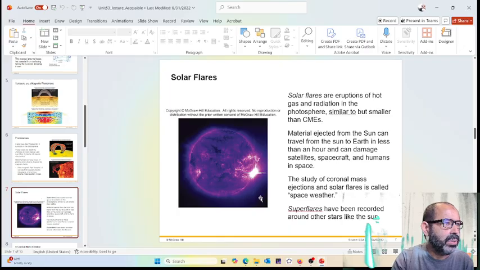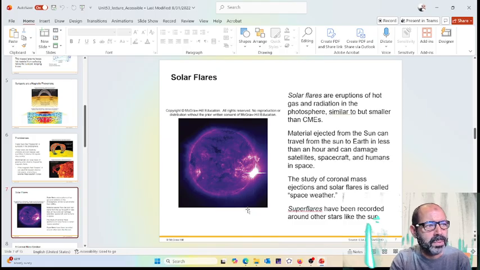In addition to that, you have solar flares. Solar flares are most of the time not as powerful as the CMEs, but they also can cause all kinds of problems. And both the CMEs and the solar flares constitute what is known as space weather.